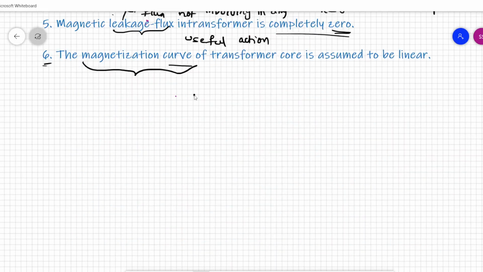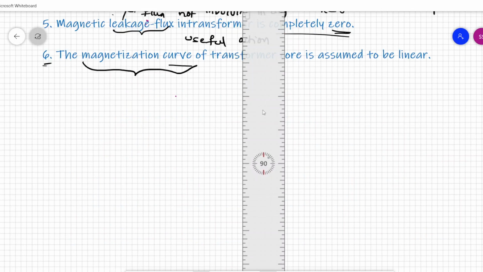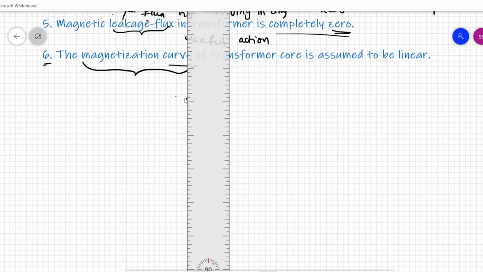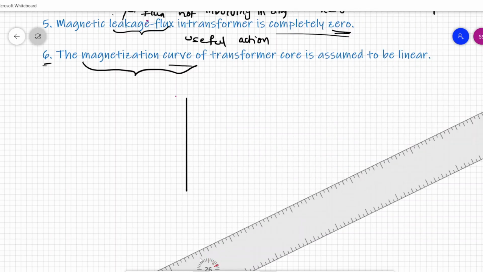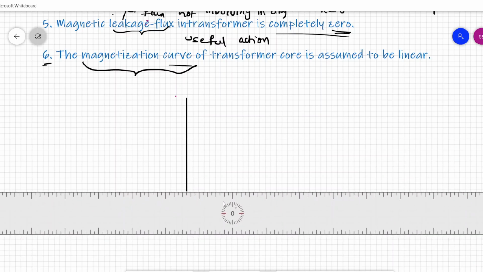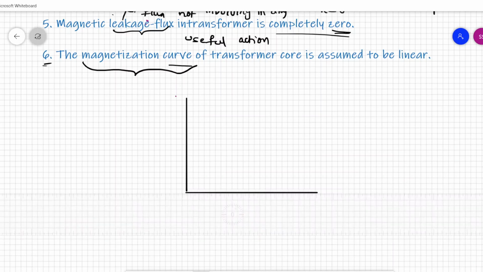A magnetization curve is nothing but a graph between two parameters, I'm drawing it here: the magnetic flux density B and the magnetic field intensity H. In simple words, B is our flux and H is our magnetization current.